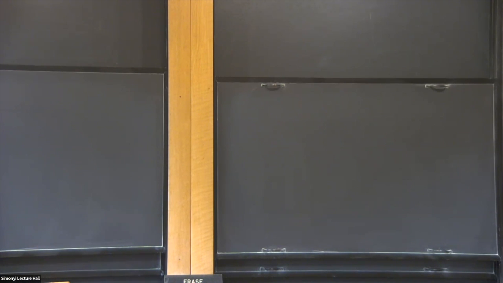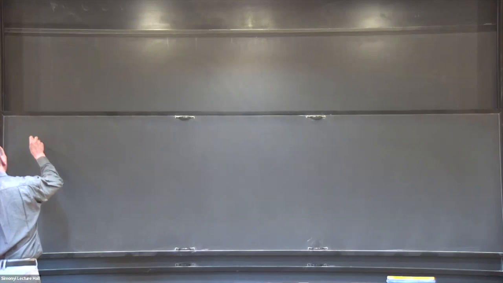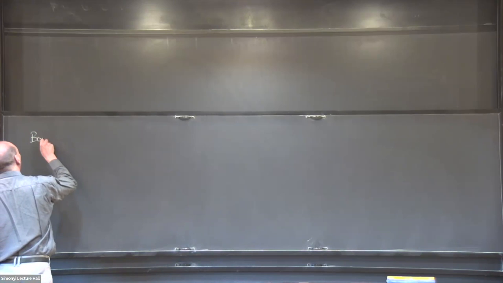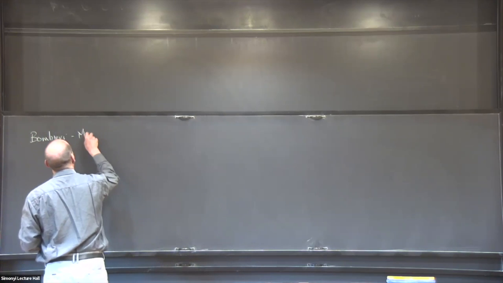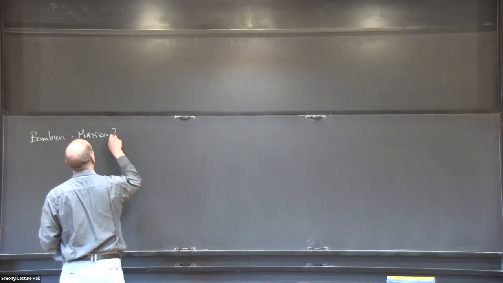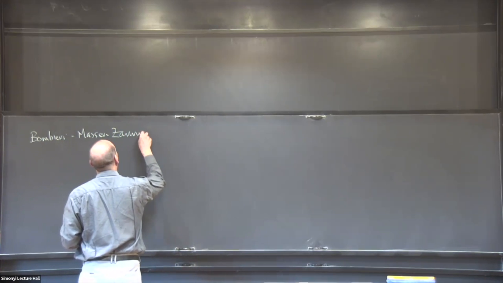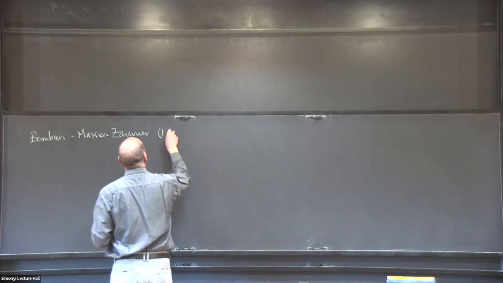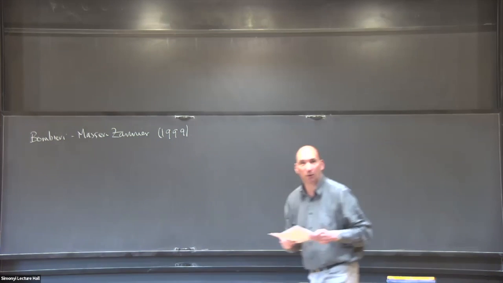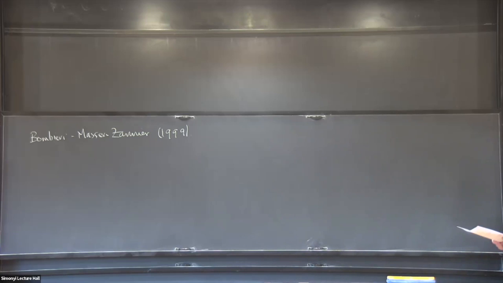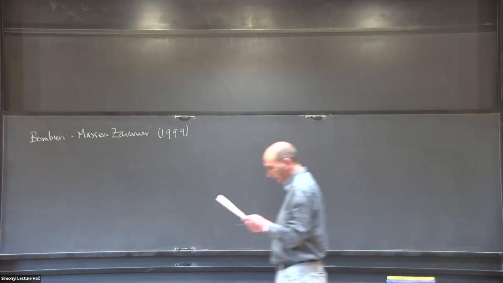So I'd like to start the story in 1999, when Bombieri, Masser, and Zannier considered the following problem, which is a problem of unlikely intersections.